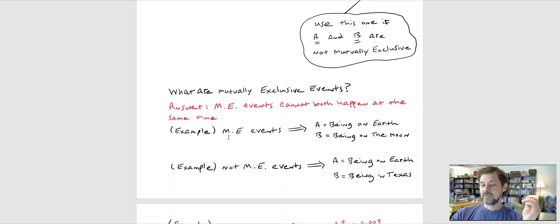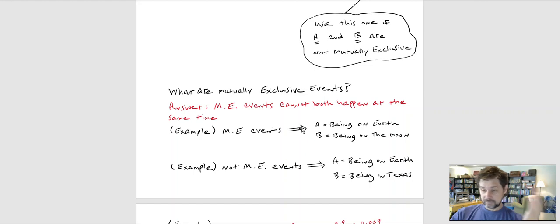Here are some mutually exclusive events: being on Earth, event A, and being on the moon, event B. They can't both happen. I can't imagine any way that you could be on the Earth and also on the moon. Maybe you can be on the Earth, or maybe you could be on the moon, but how are you going to be in both places? So mutually exclusive events cannot both happen at the same time.